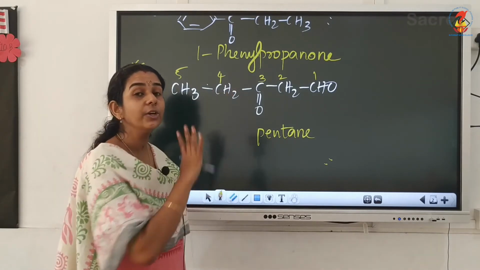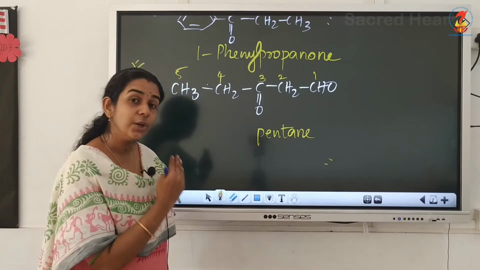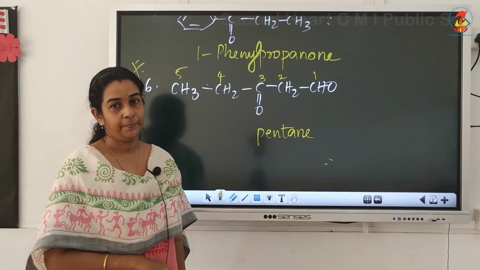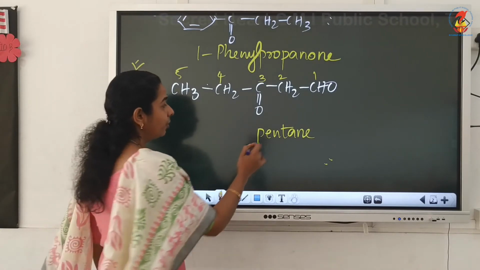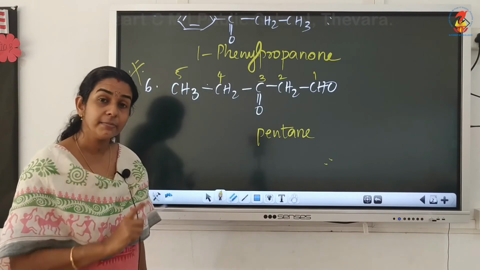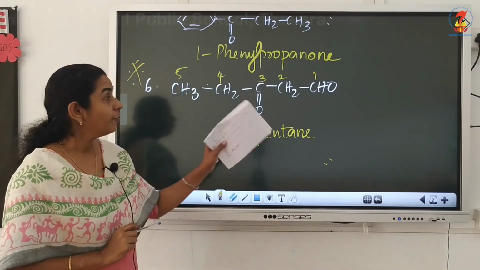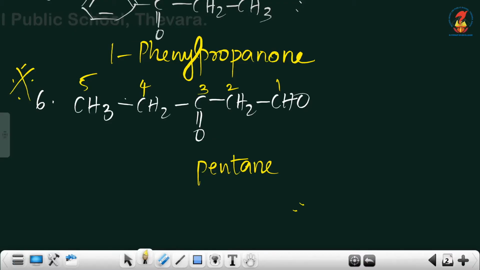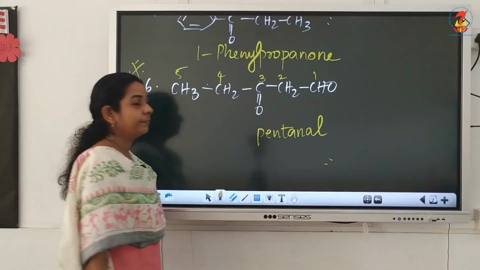So, aldehyde will go as suffix and the low priority functional group will be mentioned as prefix. If aldehyde comes as suffix, what will be the suffix we are using? Al. So it is pentan. Aldehyde group is on first carbon. So by removing that E, we can write it as pentan-1-al or pentanal.